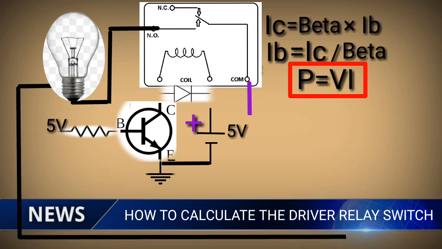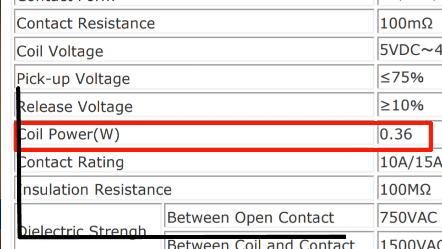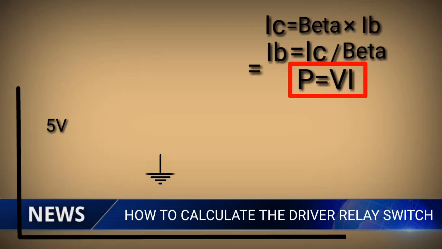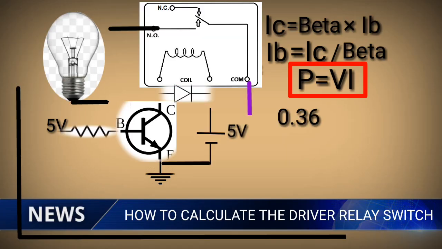The power of the coil, according to the datasheet, is 0.36 watts, equal to the voltage, which is 5 volt, times the current of the relay switch.